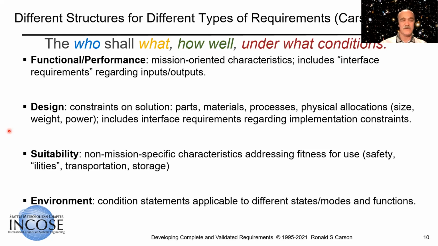Even though it really is primarily a condition statement that's applicable to all the others, I decided that was probably a bridge too far in trying to get rid of it, because it's got typically a whole section in specification templates. So I said, well, let's keep that, focus on the condition statements that may be related to different states and modes or different functions, but you have to describe the characteristic, the what, in the presence of a particular environment.